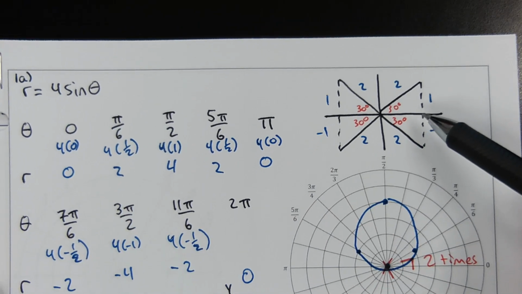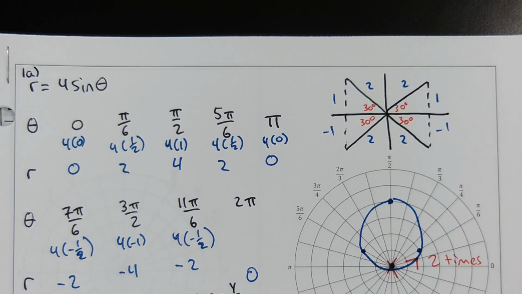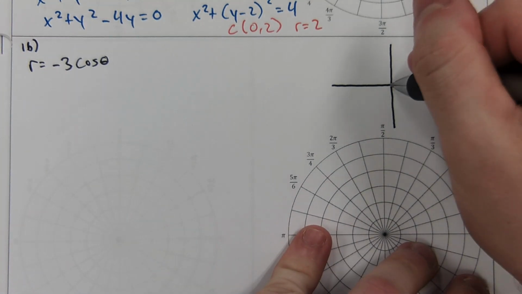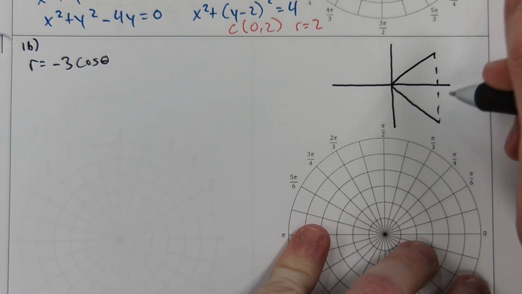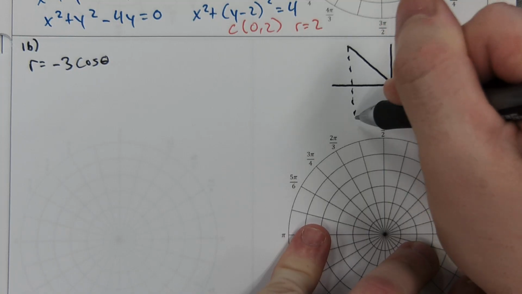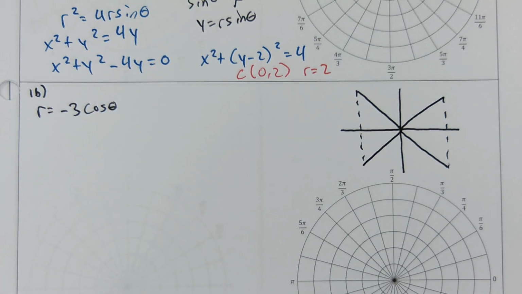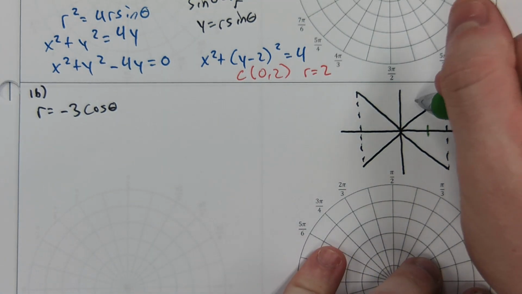If you look at these triangles, cosine would have been root 3 over 2. Well, I don't know what root 3 over 2 is. So I only want to plot the points where I can get integer or rational values. So see, if cosine is 1/2, it's x over r.